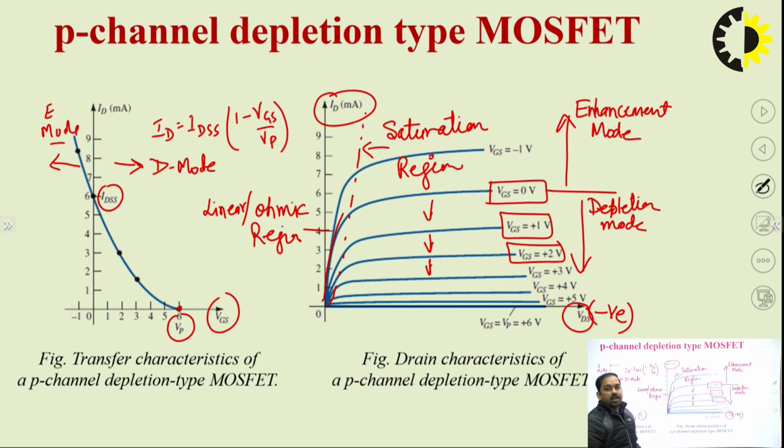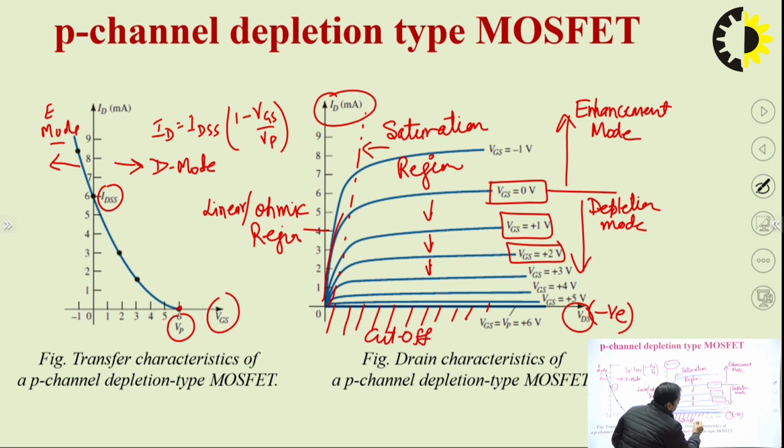And when the drain current ID is 0, the region which I am marking here is known as the cutoff region. Also we can observe that for a P channel depletion type MOSFET, VP, the pinch off voltage, is positive, whereas for N channel the pinch off voltage was negative.